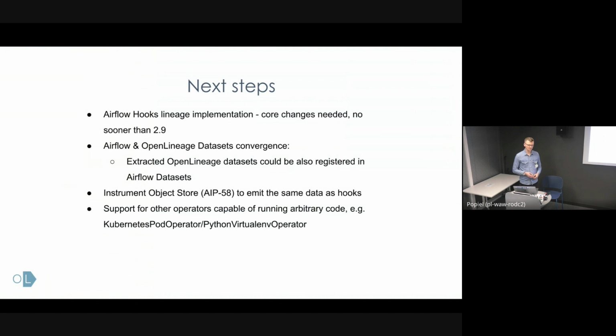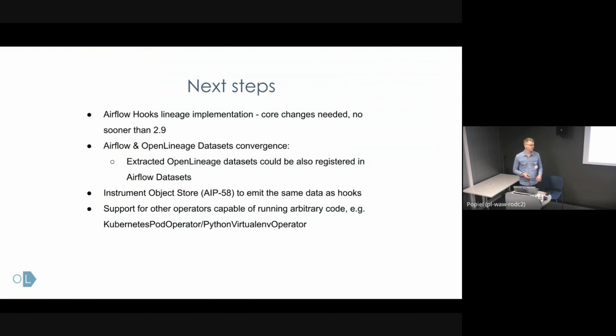There is also AIP-58. It's an ongoing task as far as I know. The object store is a way to express datasets as light, let's say, interfaces, a table or file or whatever the place is, the object, and use them instead of using hooks or operators explicitly, just to move data around.